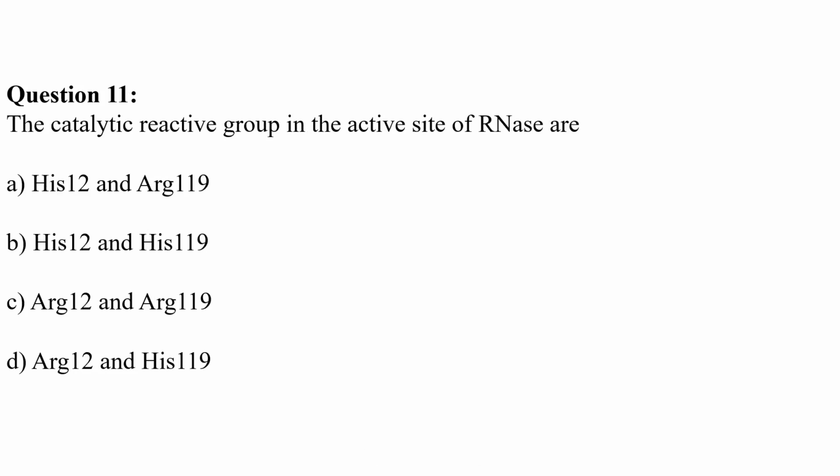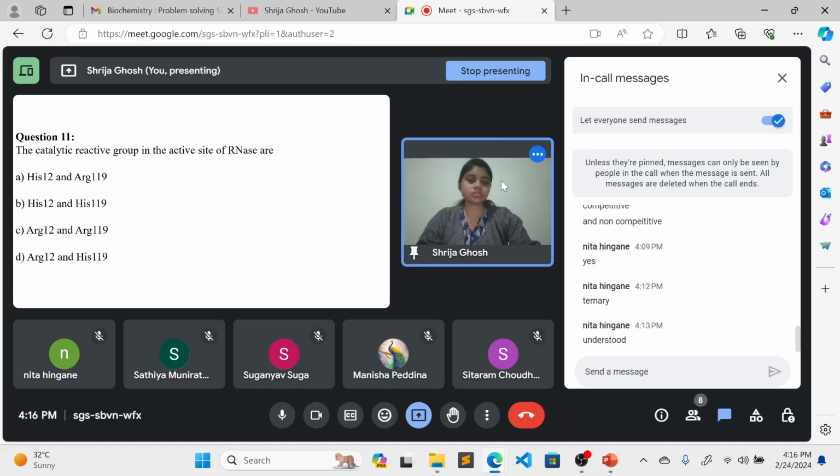Question number 11. The catalytic reactive group in the active site of RNase are. So there are two catalytic active sites in the RNase enzyme. So I told you that the RNase cleaves the ribonucleic acid, the RNA molecule.